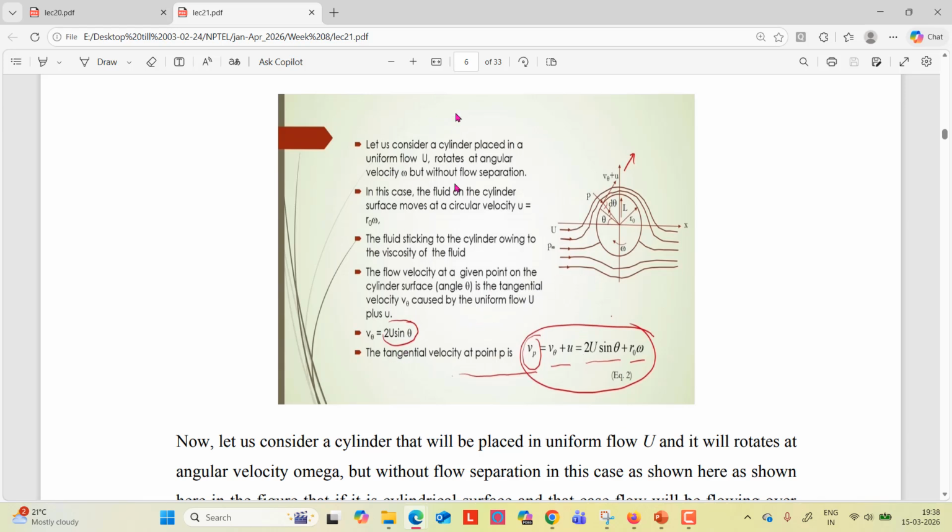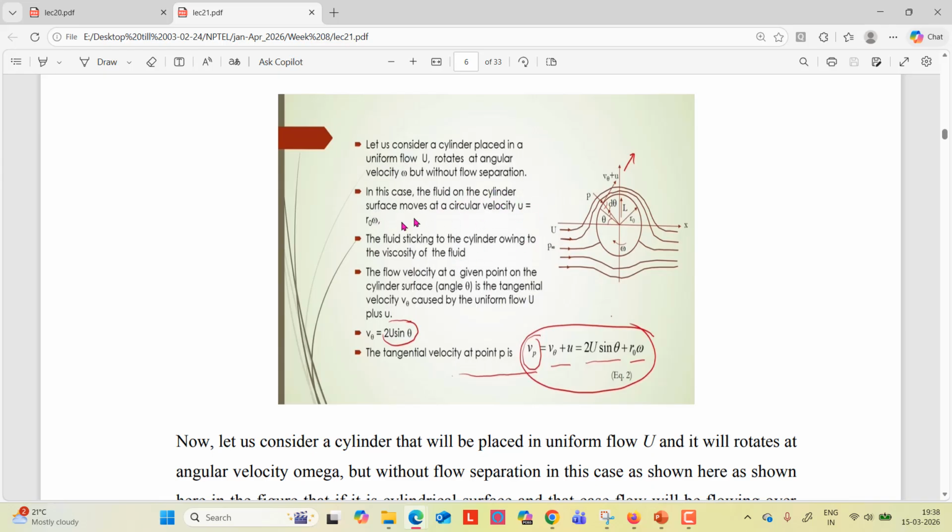So now this is known, like v theta we have calculated as 2u sin theta. The tangential velocity at point P will be Vp equals v theta plus u, right? U is the rotational velocity of a circulatory body.